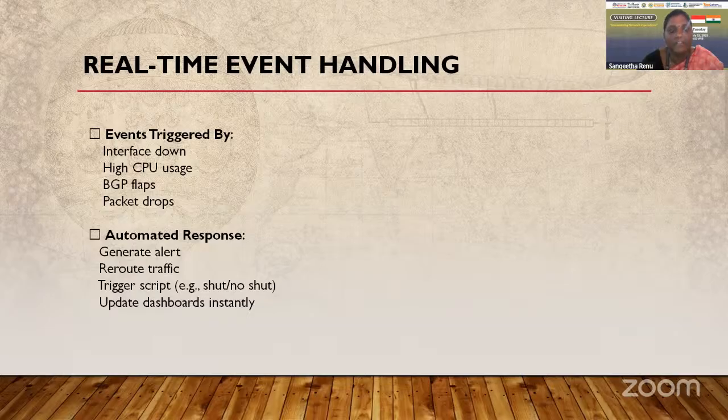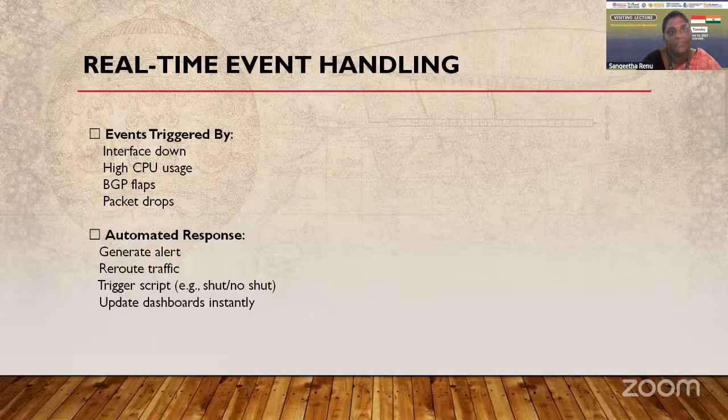Events that can trigger responses. These are examples of common high-impact events detected in modern networks. So, interface down: a router or switch port goes offline, causing potential connectivity issues. High CPU usage: device processing overload can affect performance or service availability.